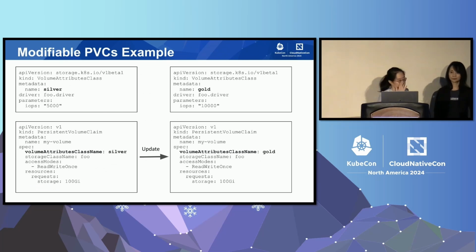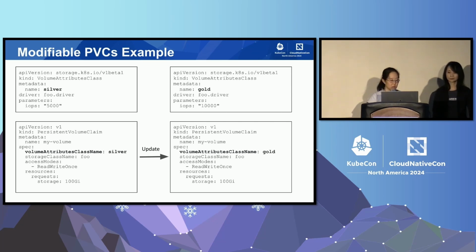To walk through an example here. Here we have two VolumeAttributesClasses, one called silver, one called gold. So silver, you can specify your IOPS to 5,000, and gold will set it to 10,000. The PVC is initially provisioned with silver, but after some time, you realize that you need to allocate more performance to this workload.